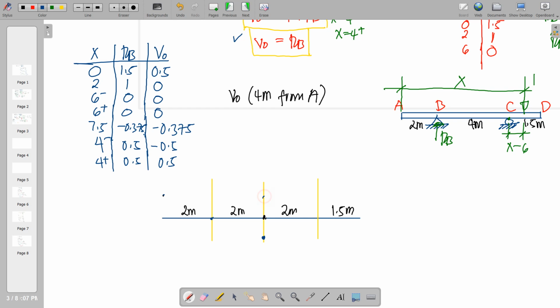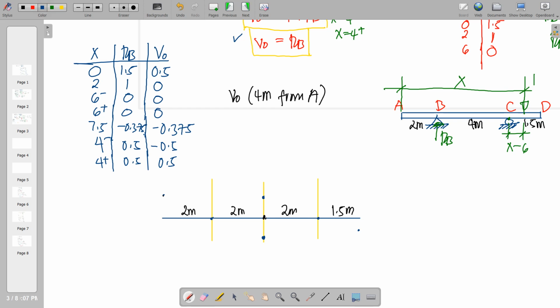Then x is equal to 6, we have 0. Then x is equal to 7.5, negative 0.375.